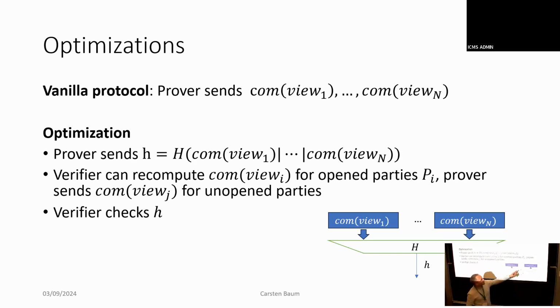For the party that we didn't open, I have to give you the commitment, but that doesn't give you any information. And this is a collision resistant hash function, so as a prover, that's the only thing I can do. Otherwise, you found a collision. Nice, right? Instead of sending all of these commitments, I just send you a short hash and all the rest can be recomputed locally.